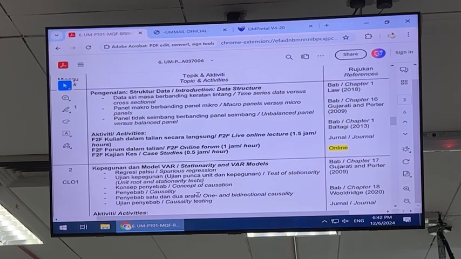You need to know the advantages, for example, of using time series, and then what actually motivates you to proceed with the panel. The motivation to use the panel refers to its advantages, right? So I hope you all can differentiate between time series and the panel. That's why you can score well in your online quiz.